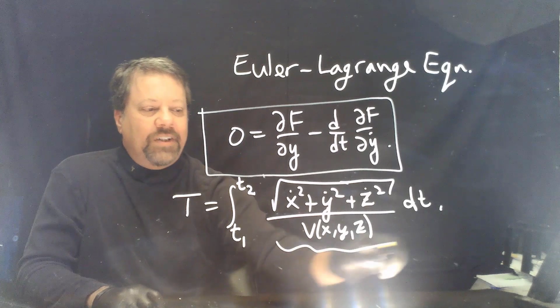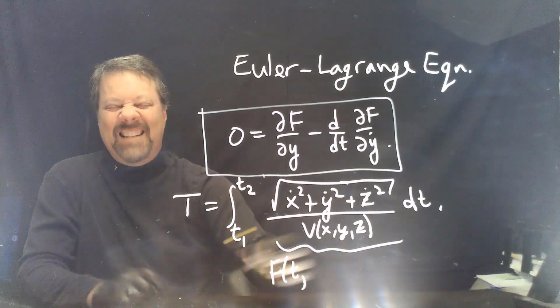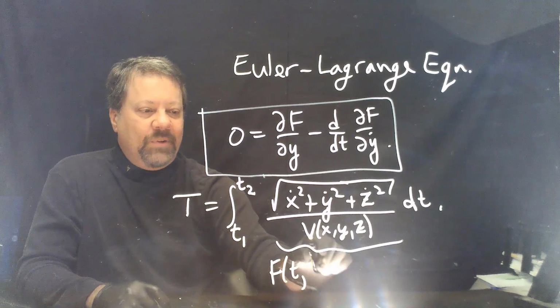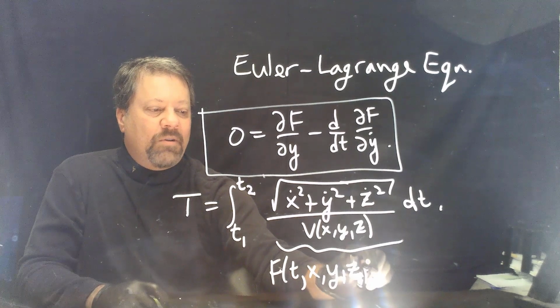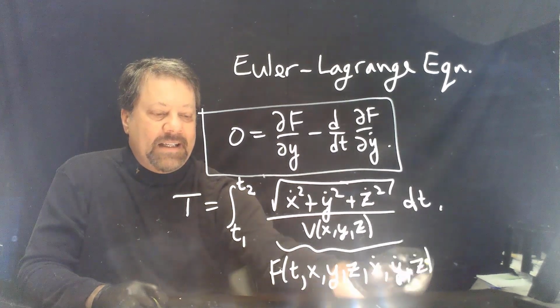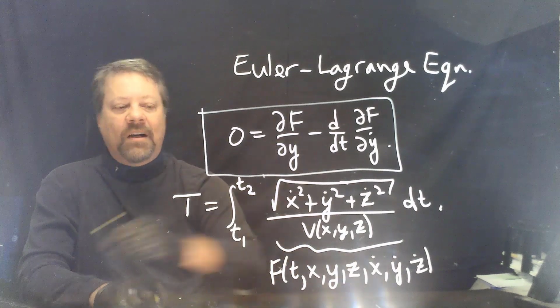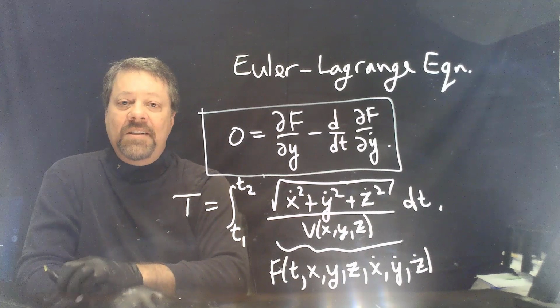Our function here, sure, it may depend upon t. In fact, t doesn't appear there. It will depend upon x, y, and z, but also upon x dot, y dot, and z dot. So it's slightly more complicated, but the equation that you get is very similar.